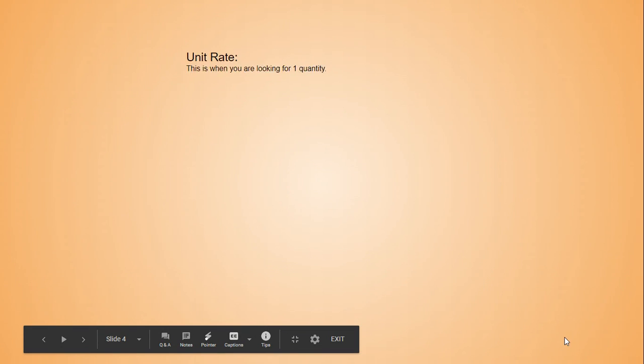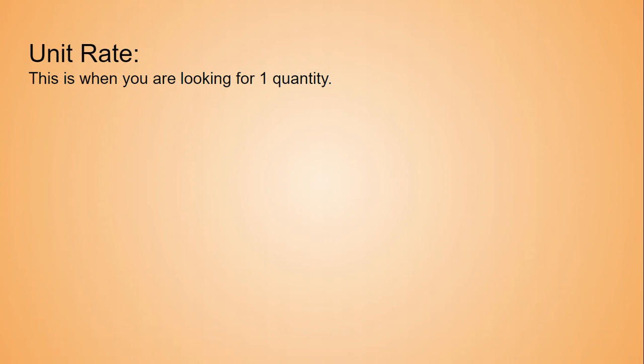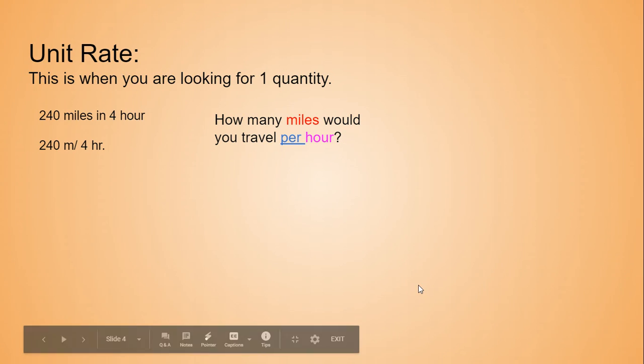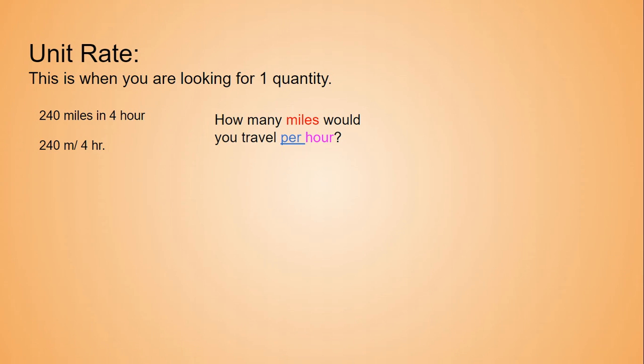For unit rates, we are looking for a quantity of 1. We are still setting up proportions. In our first example, we have 240 miles traveled in 4 hours. We want to know how many miles we traveled per hour. So this is saying for 1 hour. When we set up our problem, the rate that it gives us, we want to have miles over hours.